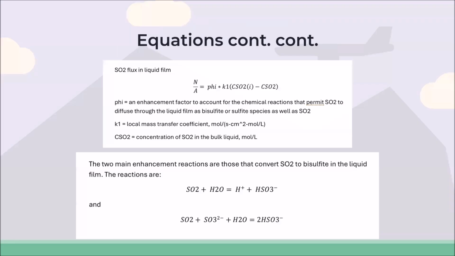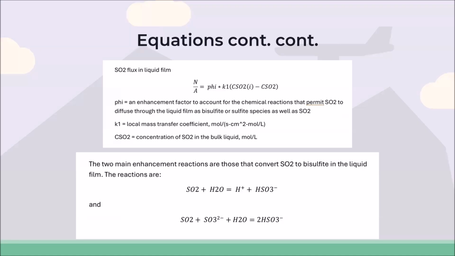And after we complete the flux in the gas film, we have SO2 flux in the liquid film. And to determine that, we have our enhancement factor, and that allows us to account for the chemical reactions from SO2 diffusing through the liquid film as bisulfite species as well as SO2. And we multiply that by our local mass transfer coefficient.